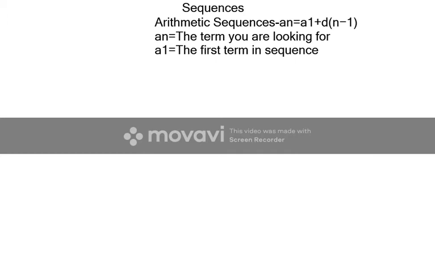For our earlier example, 5, 7, 9, our a sub 1 would be 5. And d is your common difference, what you're adding or subtracting from each term to get the resulting one.